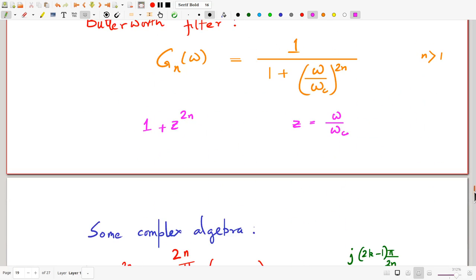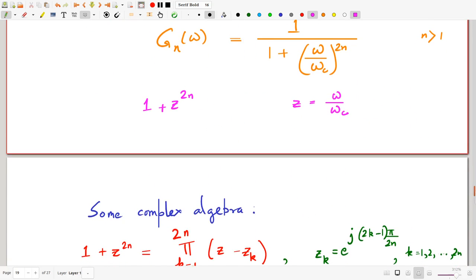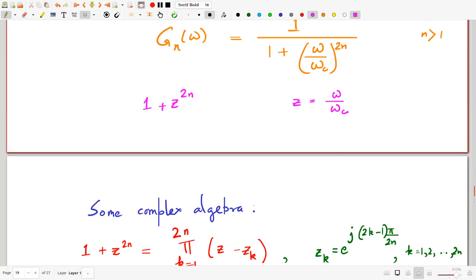So this particular function, 1 plus z to the 2n, is a polynomial of degree 2n. So it can be factorized into 2n factors, (z minus z1) into (z minus z2) up to (z minus z2n), where z1, z2, up to z2n are nothing but the zeros of this function. So the roots of 1 plus z to the 2n equals 0, or essentially the 2nth roots of minus 1.